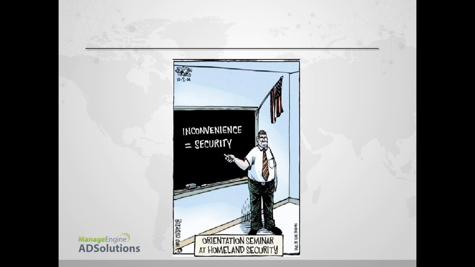Now, we're under attack, but many of us aren't able to secure our environments the way we need to, because security is not convenient. As I go around the world talking with administrators, everyone has their own story, whether it be passwords, group membership, or privileged access.